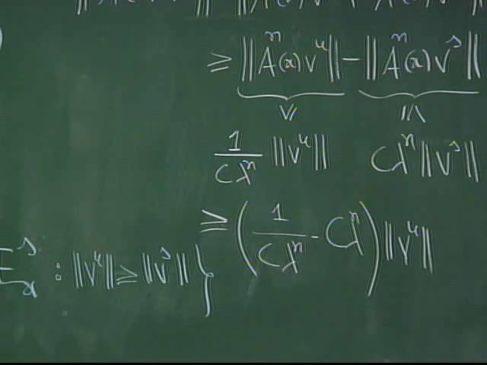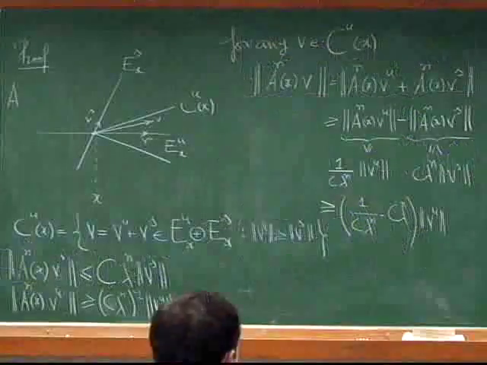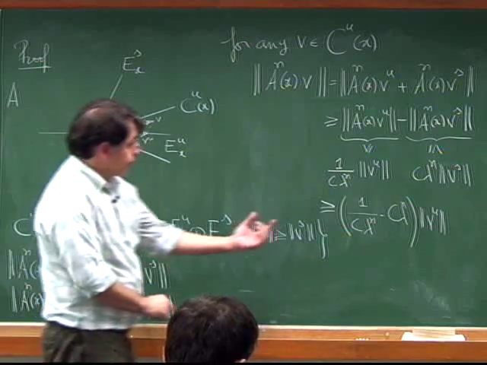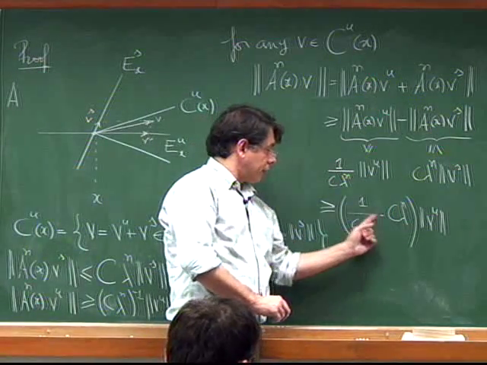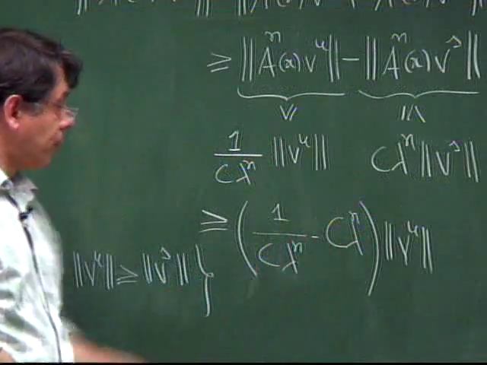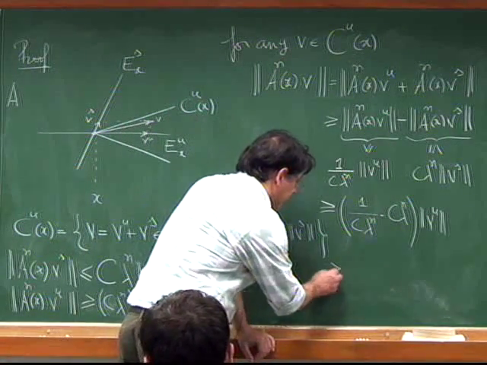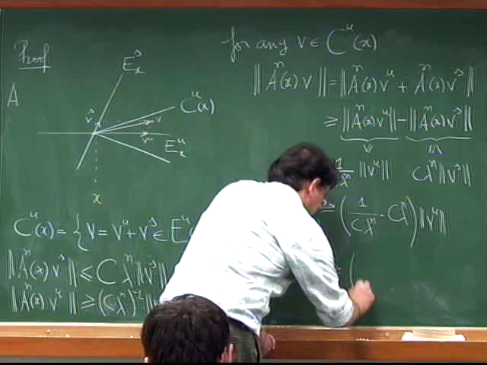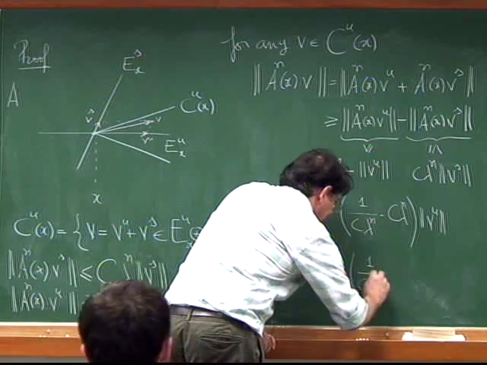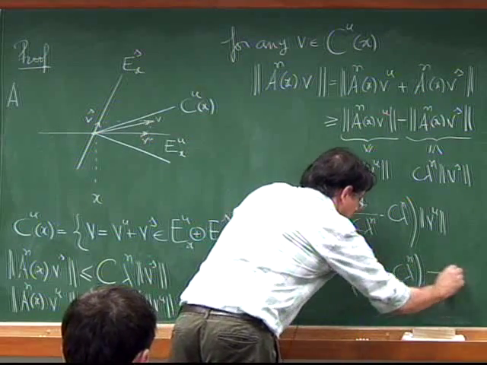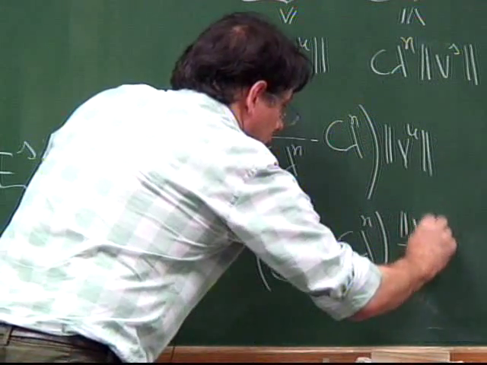So this is a positive number. This is very small. I still want to do one little extra step. I'm going to say that this is bigger than (1 over C lambda^n minus C lambda^n) times the norm of v over 2.